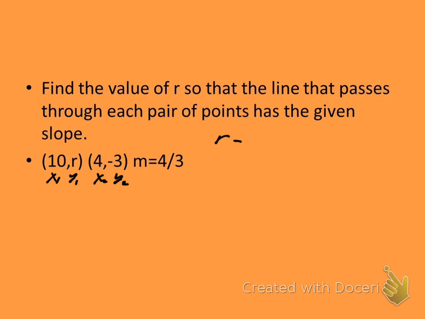So r minus -3 for my y's, 10 minus 4 for my x's, and that slope's going to equal what? 4/3, right? They tell us the slope this time. What we're missing is this coordinate.